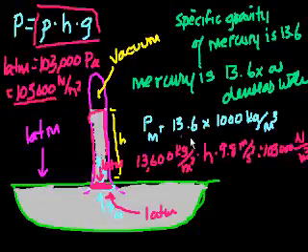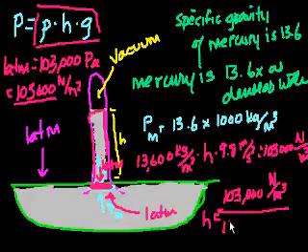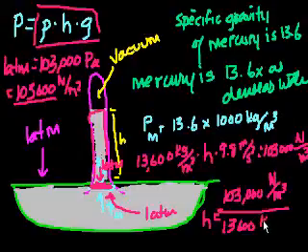So let's see, if we divide both sides, well, we could just do all of the math. If we divide both sides by 13,600 times 9.8, we get the height is equal to 103,000 newtons per meter squared over 13,600 kilograms per meter cubed times 9.8 meters per second squared.